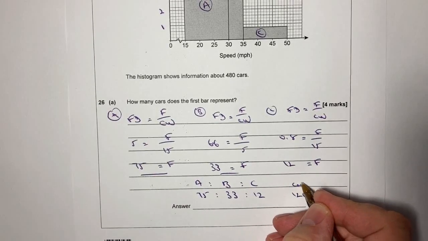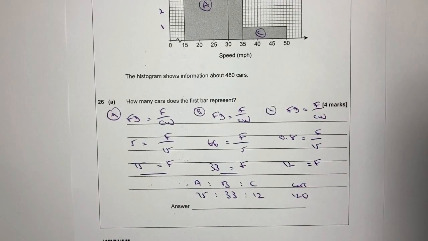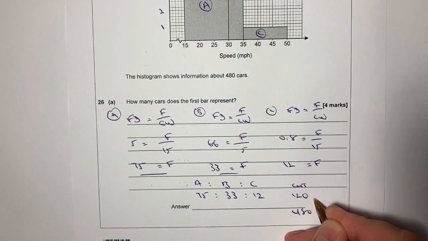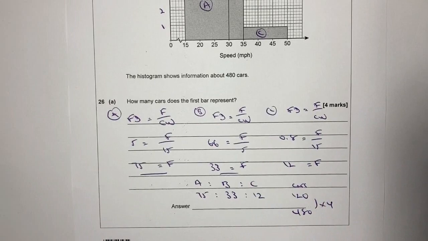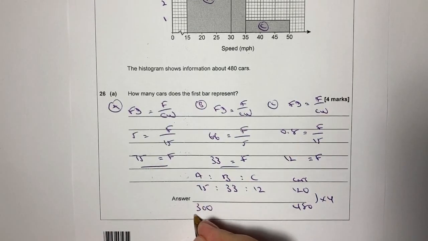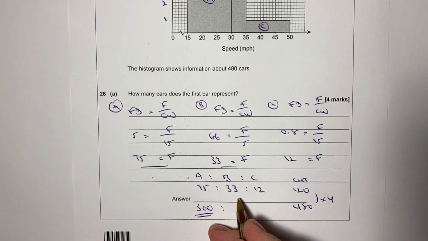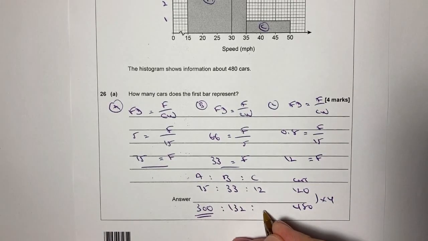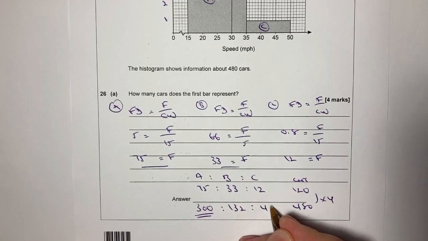But according to the information it's actually 480, in other words 4 times bigger. So if I multiply each of the blocks by 4, A has 300, B is 4 times 33, which is 132, and C is 4 times 12, which is 48.